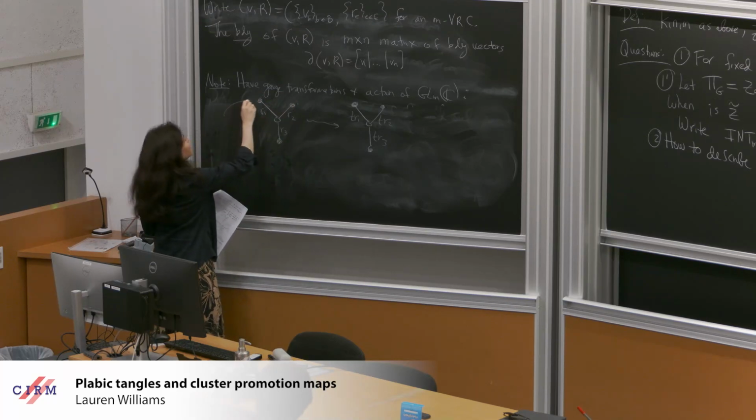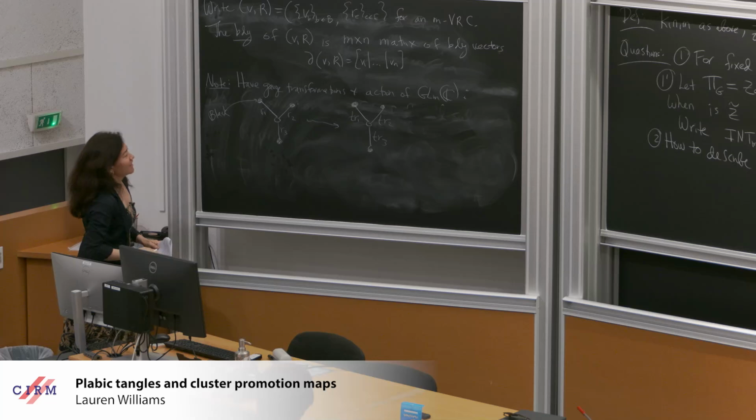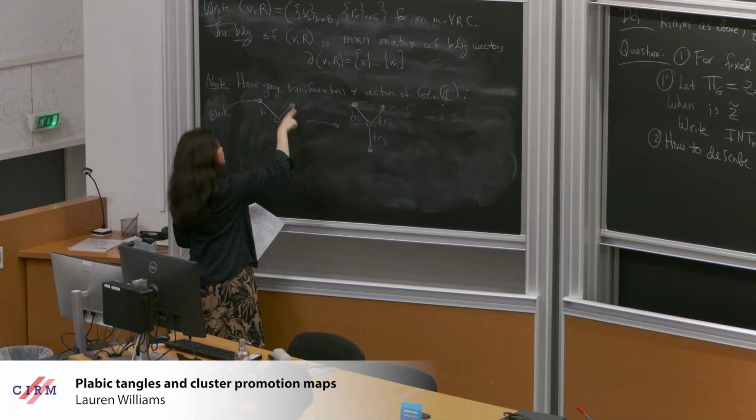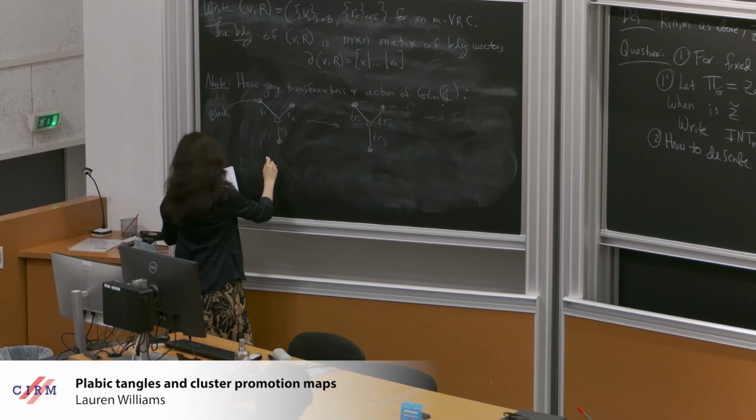This is a black vertex. This is a white vertex. So if you had a relation in this setup, then you still have a relation over here.